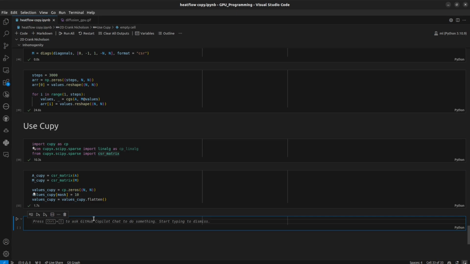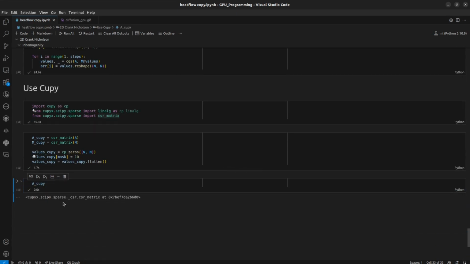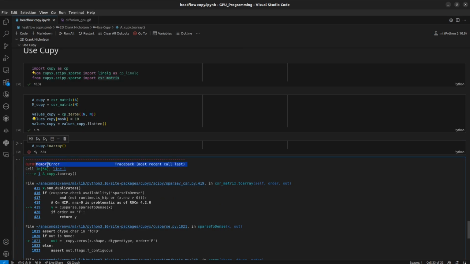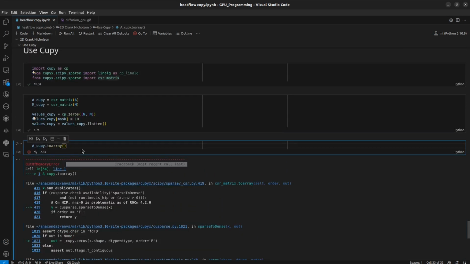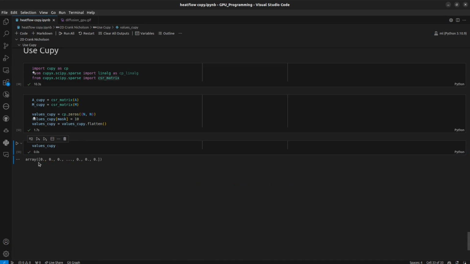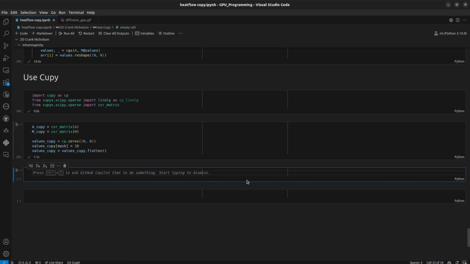Okay, let's have a look at our arrays. Again, we have here a sparse matrix that we can look at. We can try if that works, but probably that's going to be an out of memory error, just like before. And the values array is going to be really boring because it's all zeros.